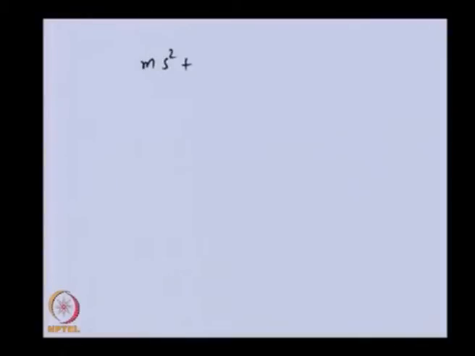So, this is the frequency equation we got from the spring mass damper system. We can solve for s because this is a quadratic equation. So, we will get 2 roots and the solution will be of this form.